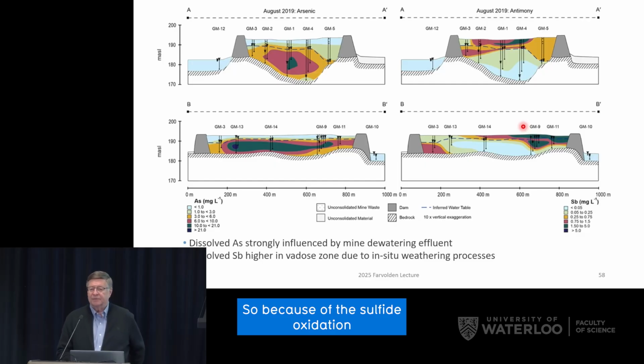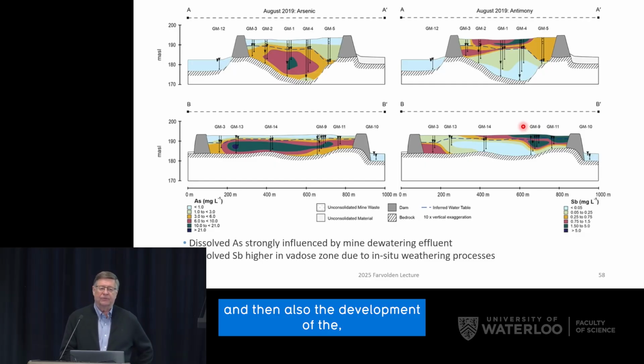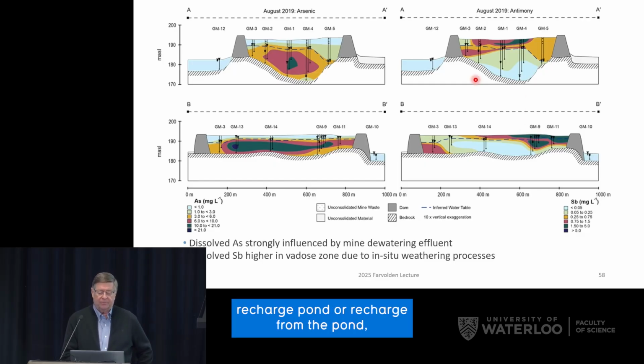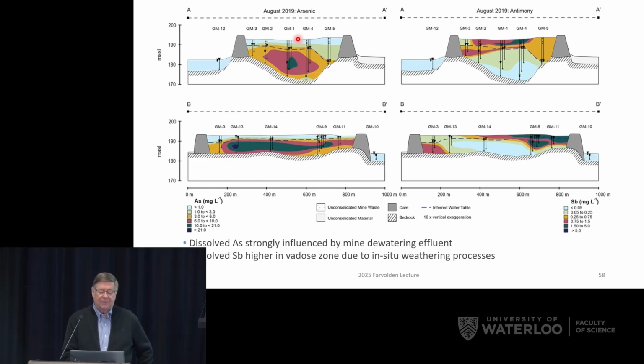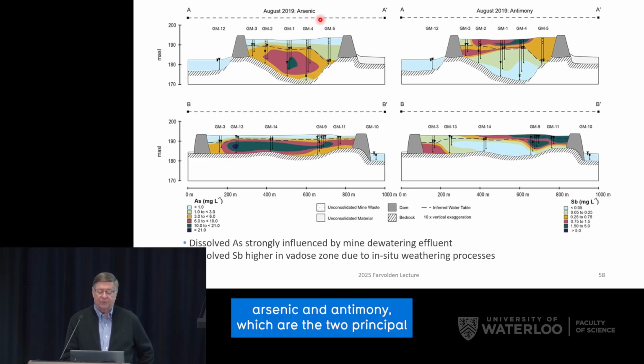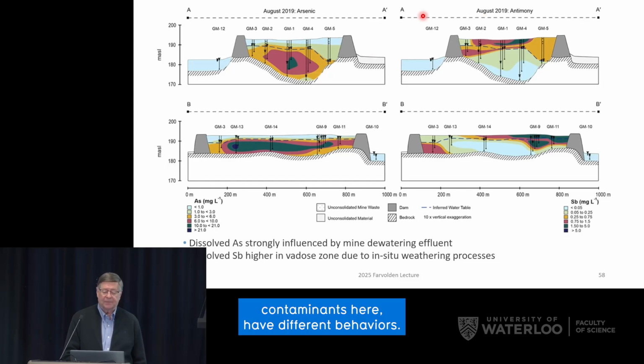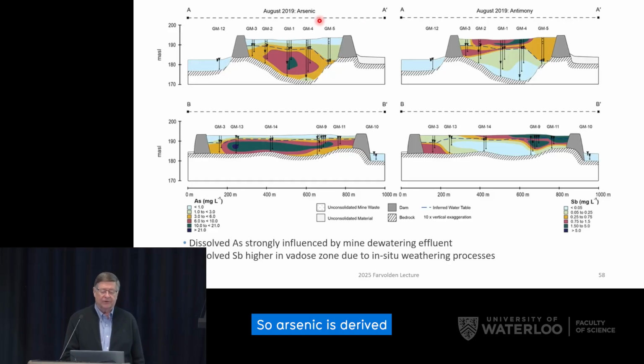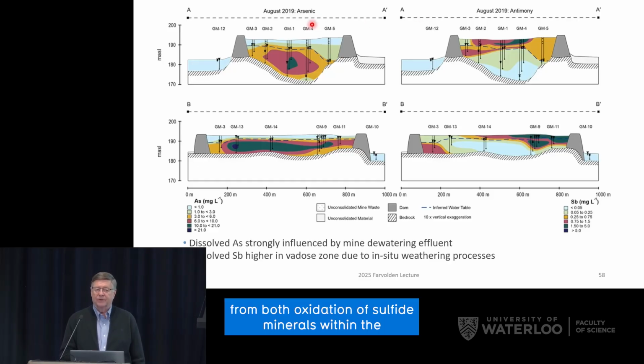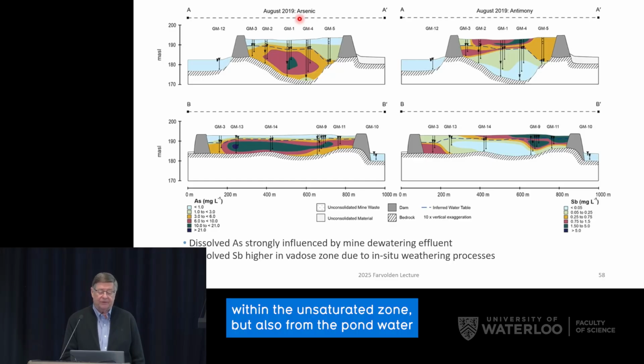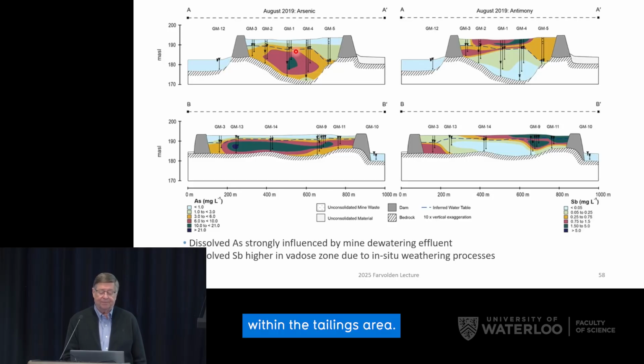So because of the sulfide oxidation, and then also the development of the recharge from the pond, arsenic and antimony, which are the two principal contaminants here, have different behaviors. So arsenic is derived from both oxidation of sulfide minerals within the unsaturated zone, but also from the pond water and reductive dissolution of arsenic-bearing iron oxides within the tailings area.